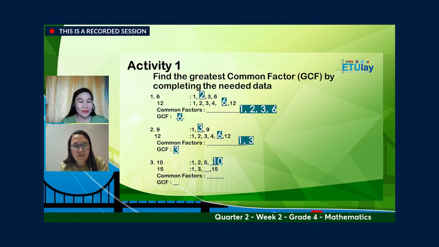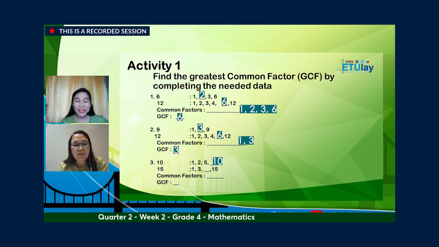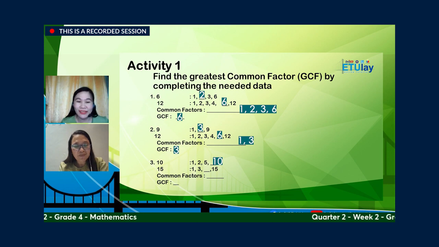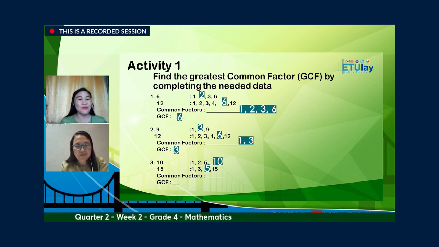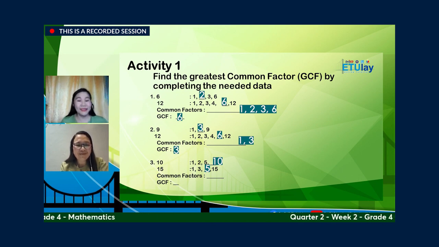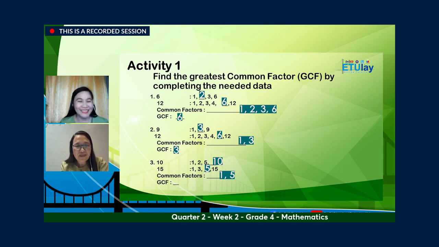What are the factors? We have 1, 3, blank, and 15. What is the missing factors of 15? Yes, the missing factor is 5. Very good. So, kapag listing method kasi nakikita mo na yan dyan kung ano yung mga common factors. At ang ating common factors ay, yes, correct, 1 and 5.